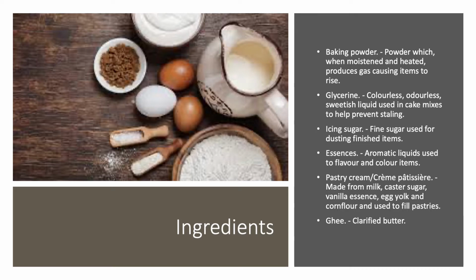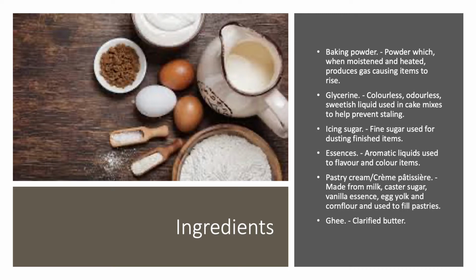So self-raising flour is plain flour that has the baking powder already mixed into it. Okay, and this is how we achieve chemical aeration in various products. Okay, so it's a little white powder that we mix in with our flour, with our dry ingredients.